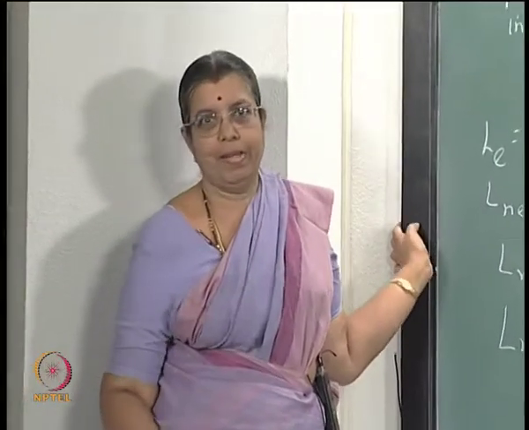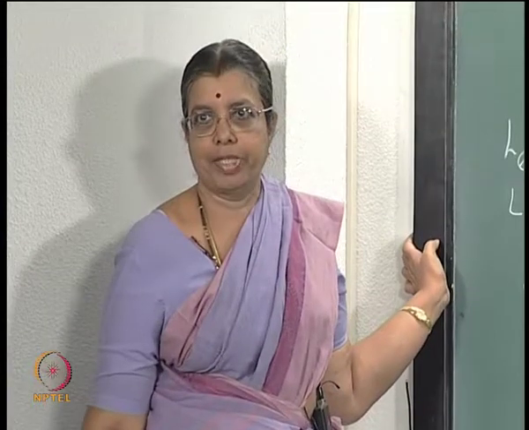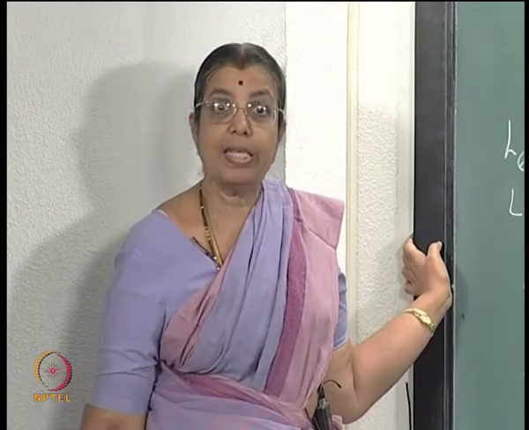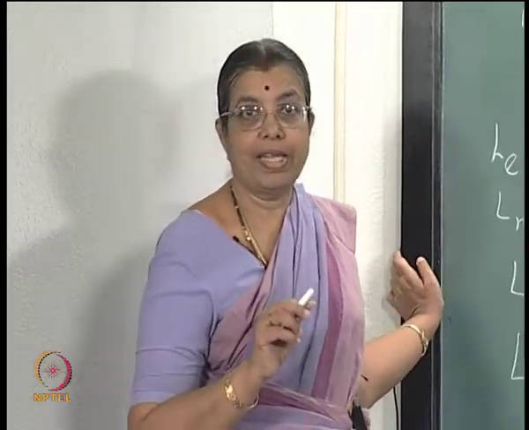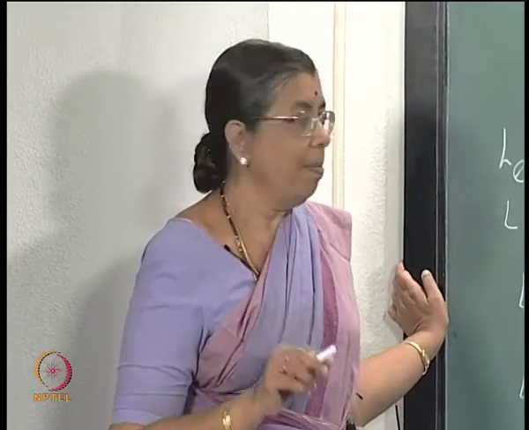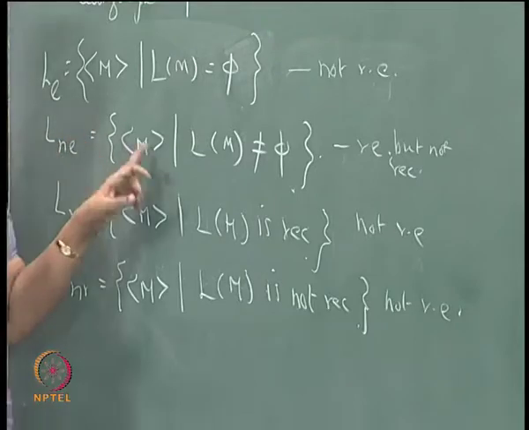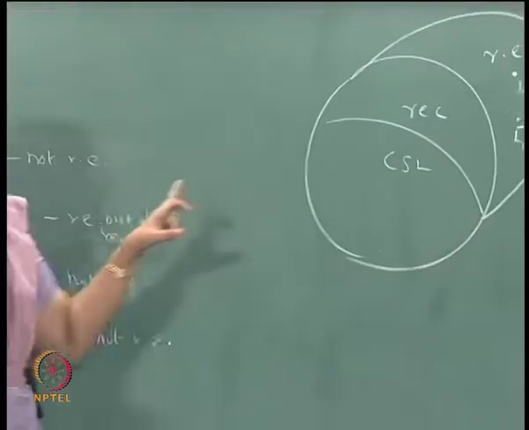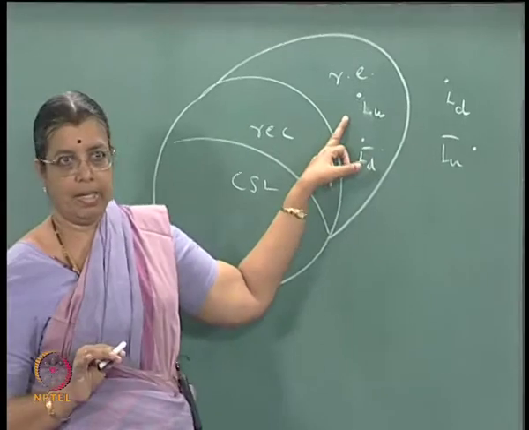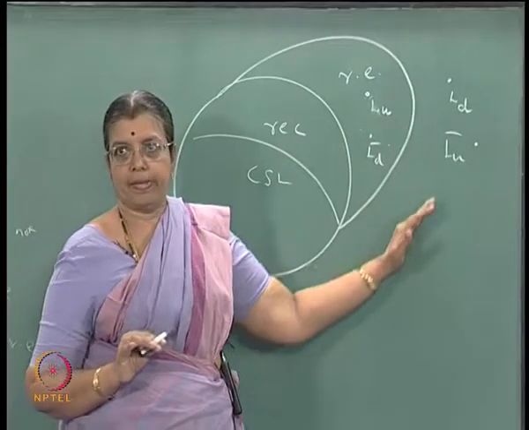They are all undecidable problems, because when do you say it is decidable? When the language is recursive. But here the languages are not recursive, but this alone is recursively enumerable but not recursive, it falls here, the other 3 fall here.